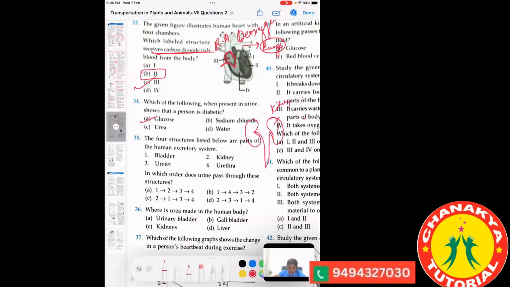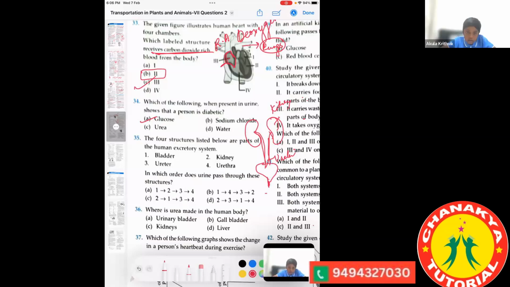Then after the kidney, this part is called the ureter. Connecting to the ureter is the urinary bladder, and at last the urethra or urinary opening. According to you, which is the first part where the urine will be formed? Kidney. Fine.